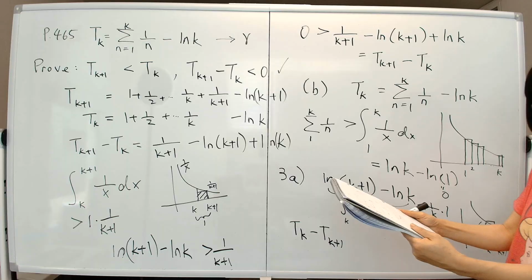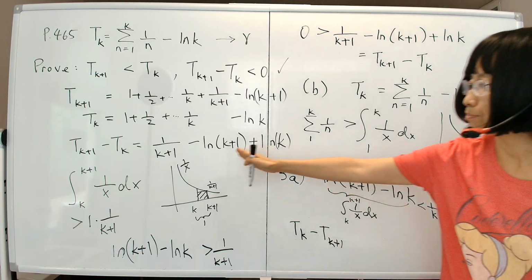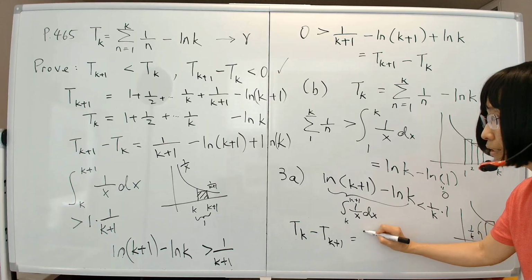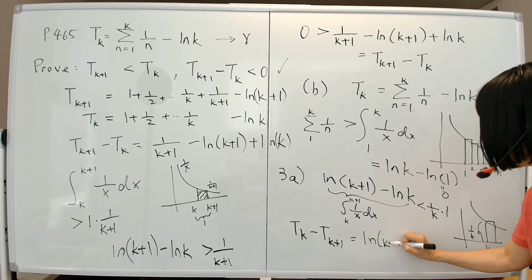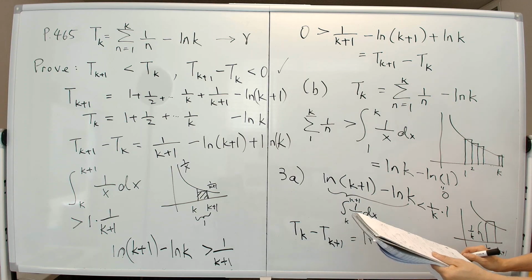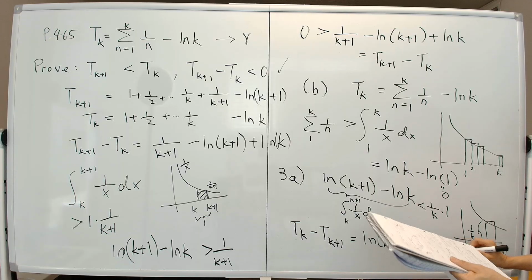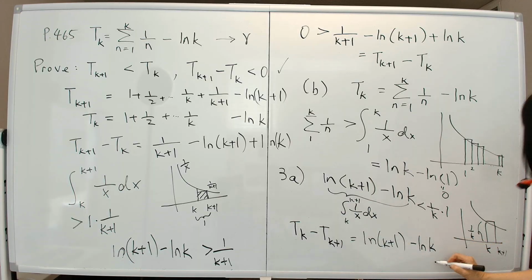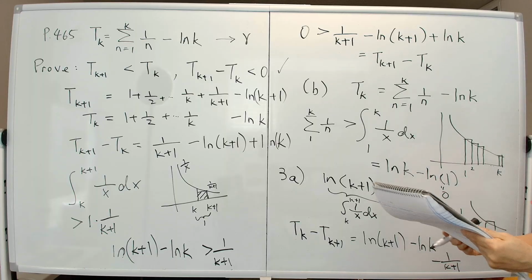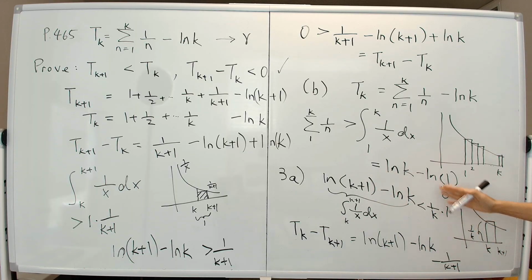So it will be equal to, that becomes positive, natural log of k plus 1 minus natural log of k, and then minus 1 over k plus 1. I'm running out of space here, but I will finish this part.